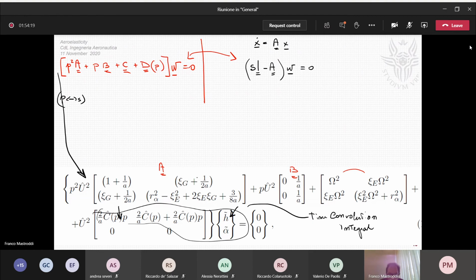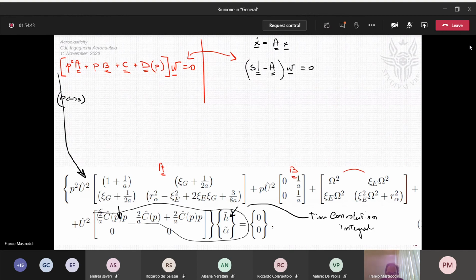You have a derivative here and you have an integral here. And this is the double phase of the model. In one phase of the model, you have this Laplace domain version with a part complicated as a function of P, not polynomial.